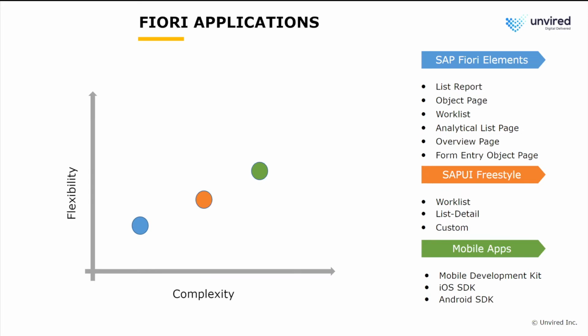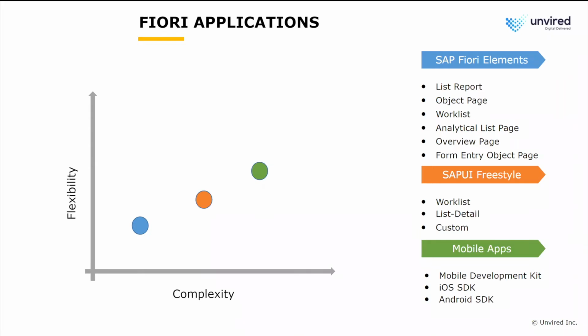And the applications that users can develop can be categorized into three major components. The first one is applications using Fiori elements, then SAP Fiori applications which use a freestyle approach, and then of course the mobile applications.